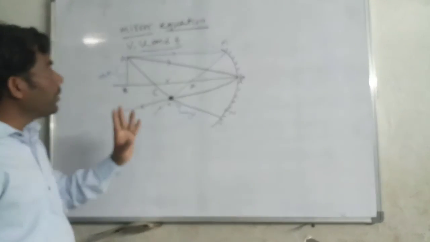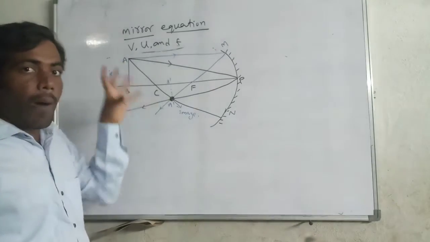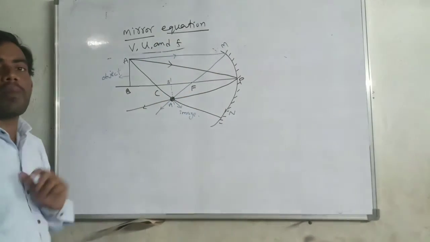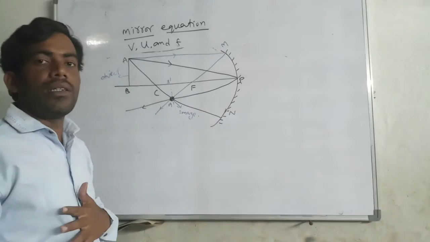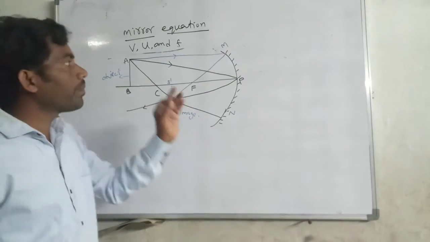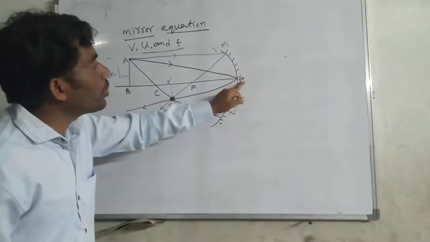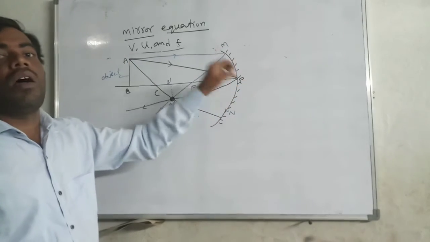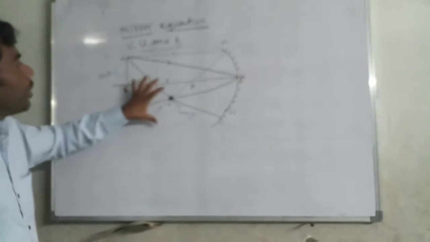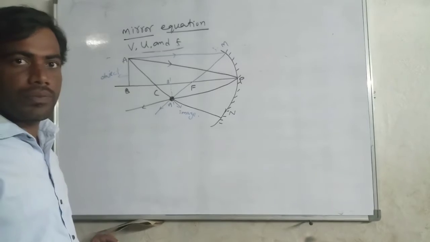In this figure we also applied the paraxial approximation, or paraxial method. Paraxial means the light rays are incident close to the pole and make a small angle with the principal axis. Then it gives the image.